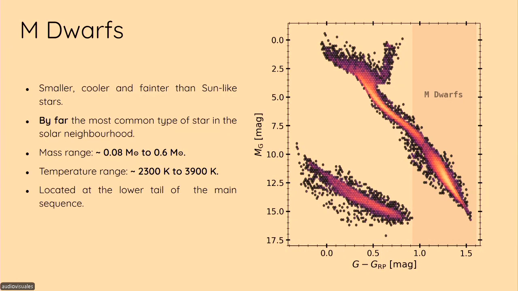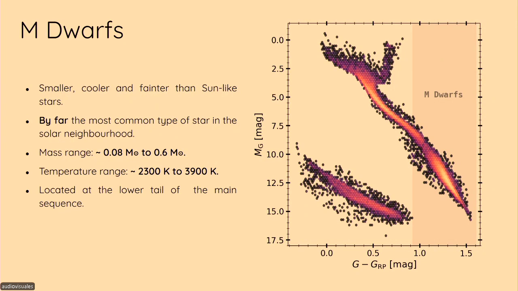And as you can see in the figure, they are located in the lower tail of the main sequence. What we can see here is an HR diagram. In the y-axis, we have the absolute magnitude in the Gaia G band, which is in the visible wavelength range. Here, smaller values mean brighter, and higher values mean fainter.